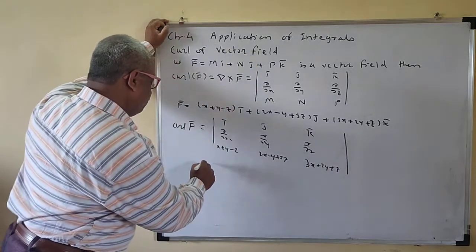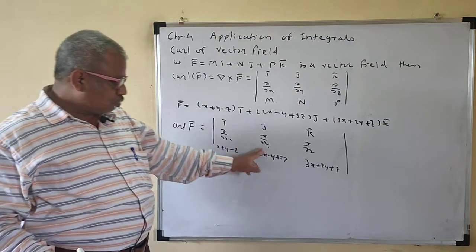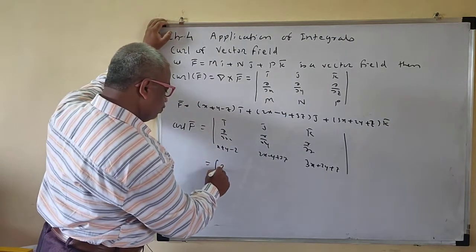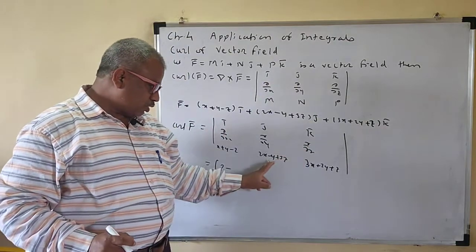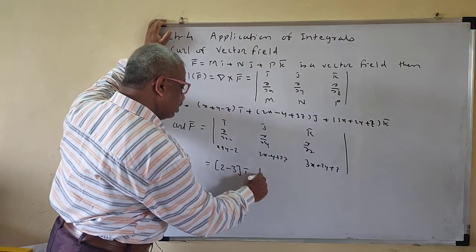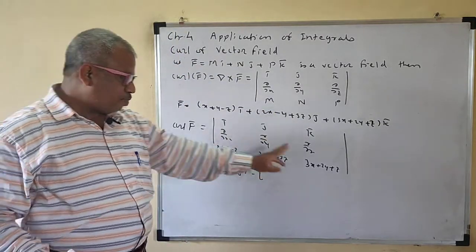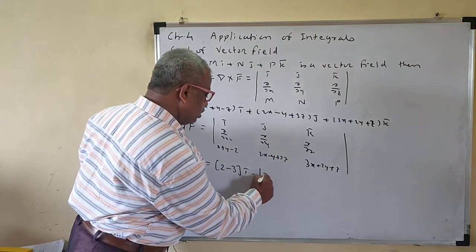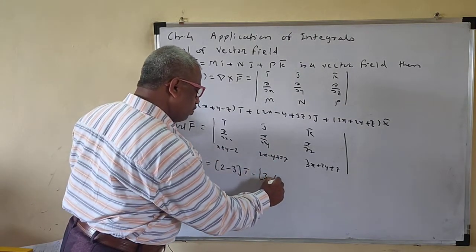So write the first component. For the first component you have to drop this column. Dou by dou y of this one is 2, minus dou by dou z of this is 3. So this is minus i bar. To find the second component you have to drop this column. Dou by dou x of this is 3, dou by dou z of this is minus of minus 1.